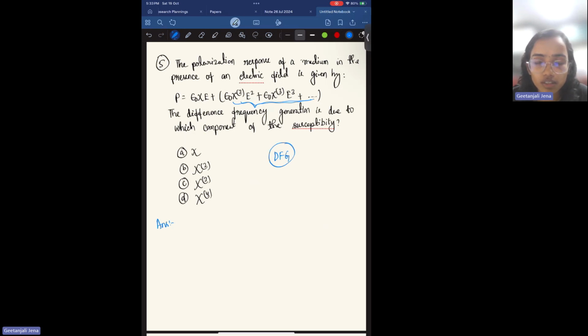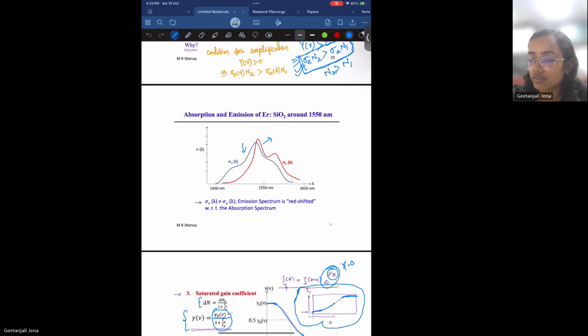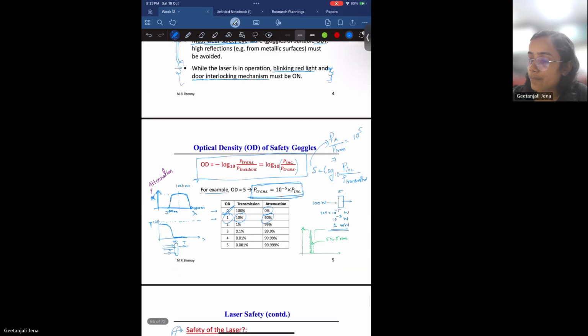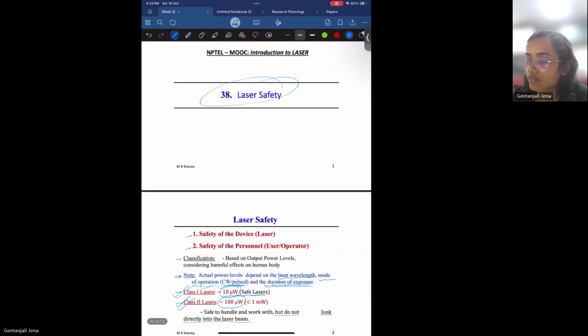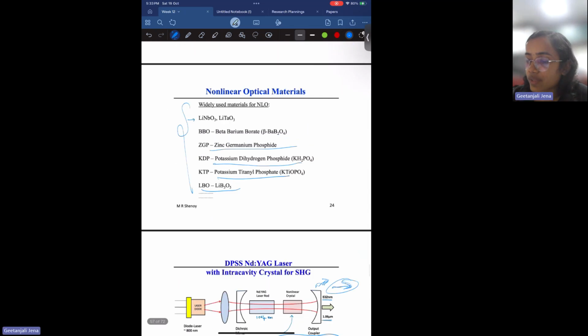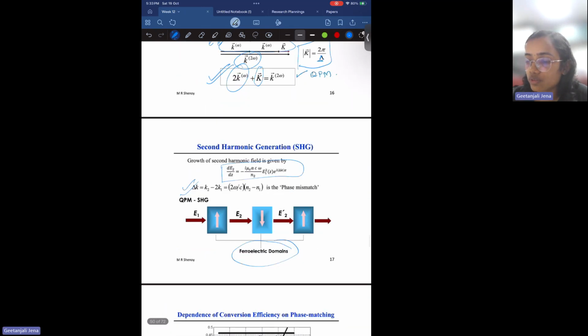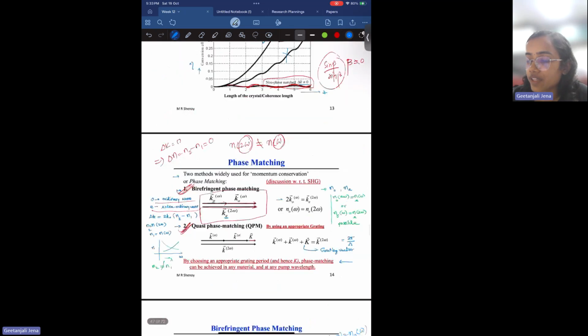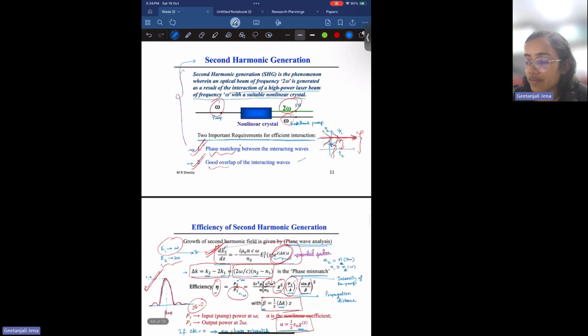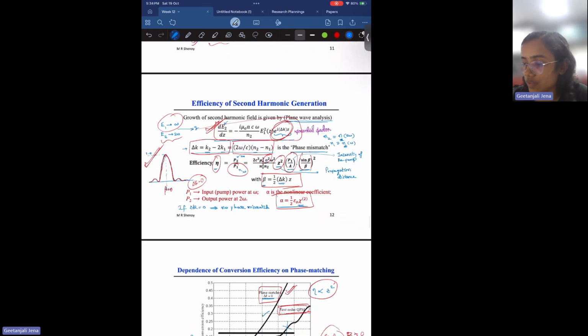Is it because of chi, the linear part, or because of chi2, chi3, or chi4? So if you recall, this is due to chi2. Let me show you. So this is because of the Kerr effect. This is why I have told you to remember the optical nonlinear phenomena that happen because of different higher order susceptibility.